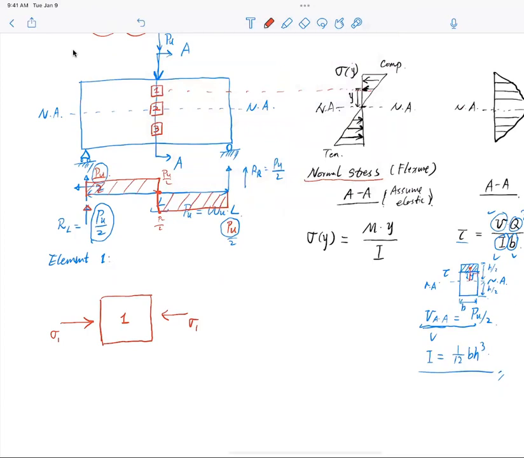If I call the distance d and this is A, then Q equals area A multiplied by d. That is called the static moment. Now if I can do this, I can find the stress at this location, corresponding somewhere here.